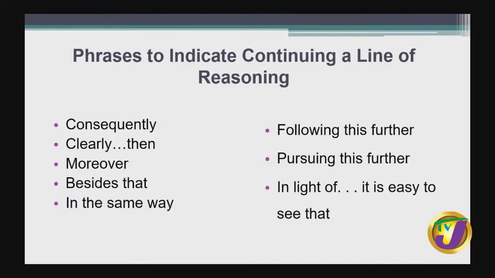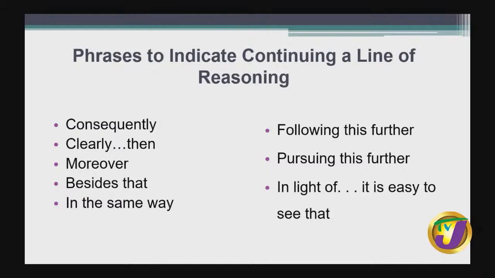So you'd use clearly first, some words come in between, followed by then. Moreover, besides, in the same way, following this further, pursuing this further, in light of, it is easy to see that. So remember, the ellipsis means you would put some words in between those two expressions.